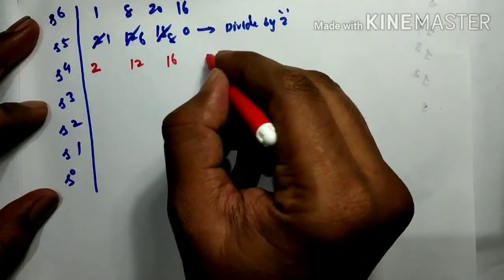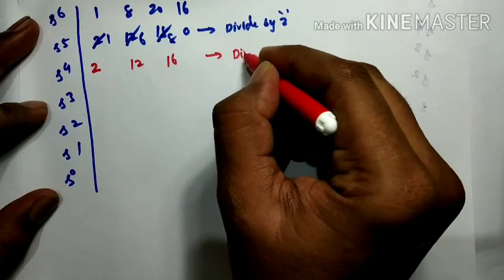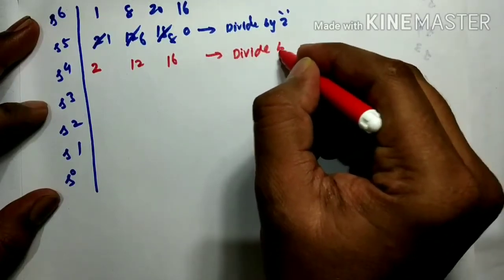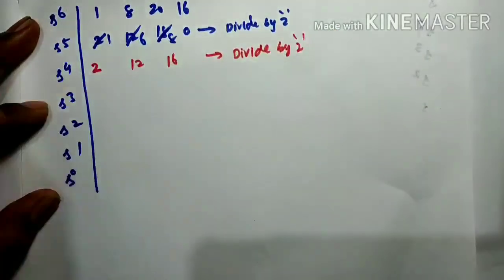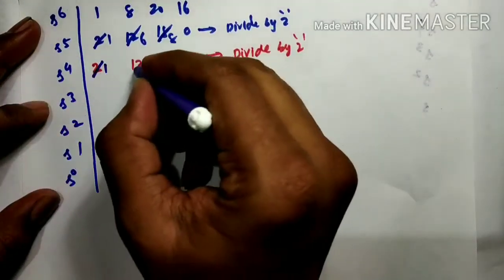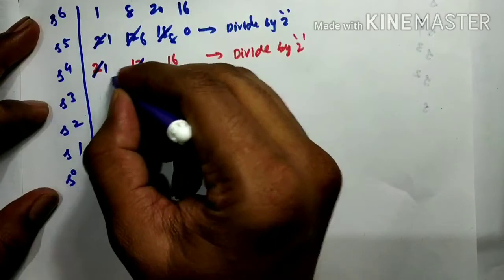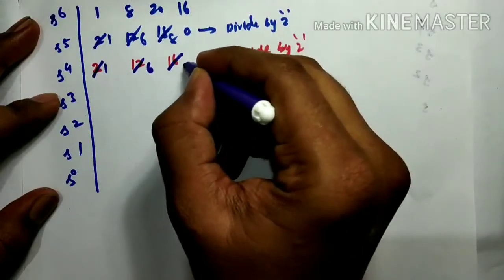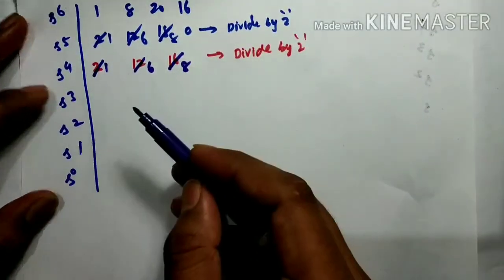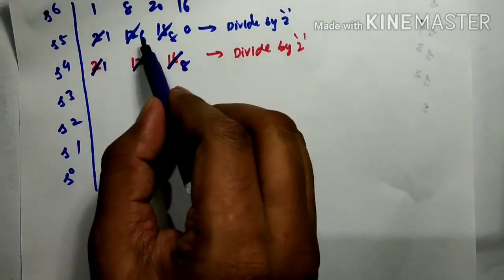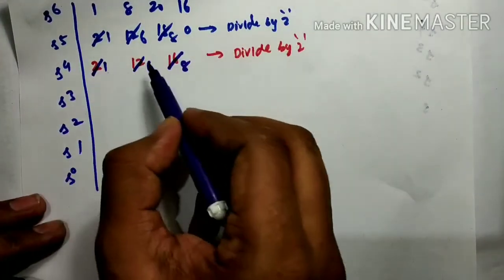So this can also be divided by 2. When you divide by 2, you will get 2 and 1. So this is 6, this is 8. So what we have now: 1, 6, 8. Here also 1, 6, 8.